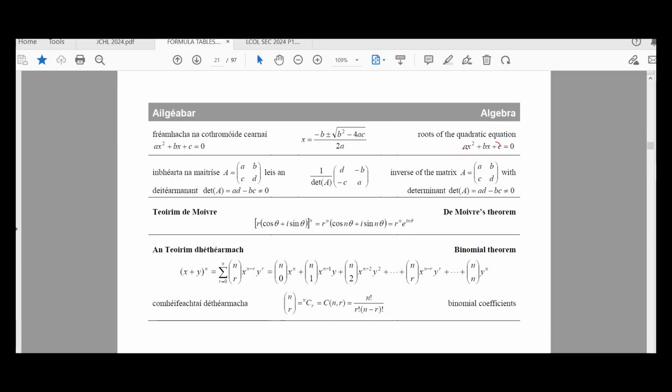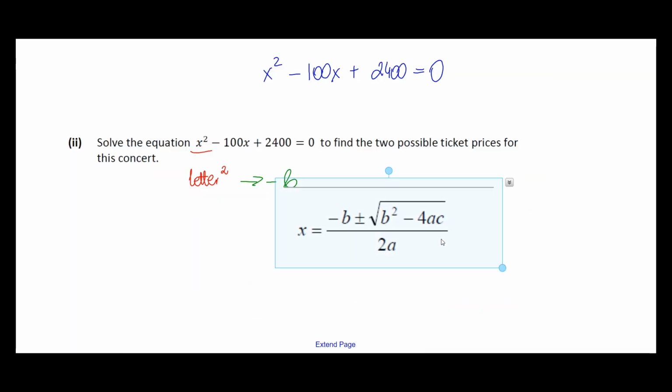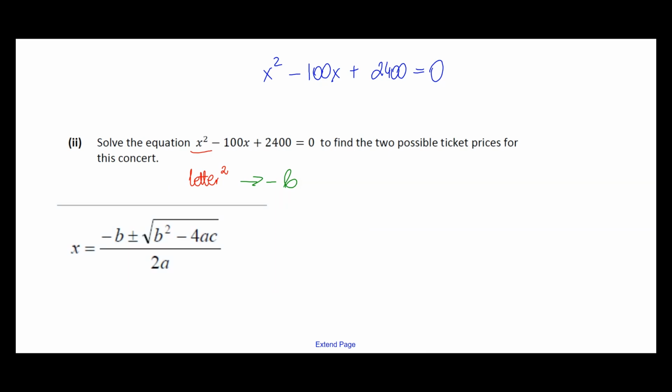In order to use our formula, we need to identify the values of a, b, and c so that we can replace those letters with numbers. Okay, so what is a? By the way, it's in our maths table. a is the number that stands beside x to the power of 2.